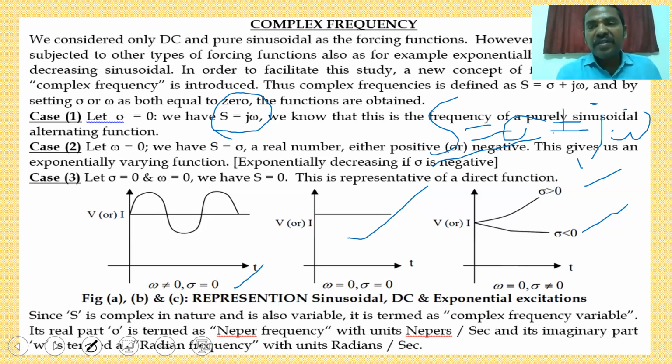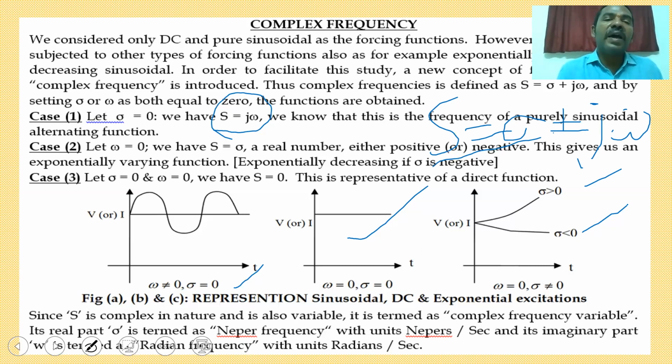So the frequency you are taking is a complex quantity: the real part is Neper frequency, the imaginary part is the radian frequency. The overall complex frequency is denoted by S.